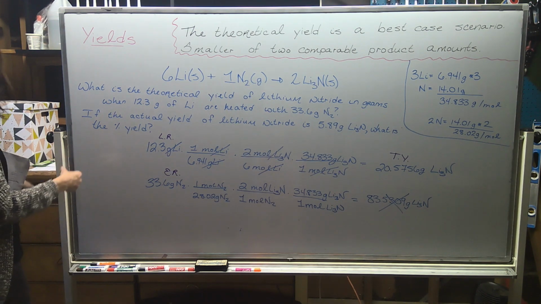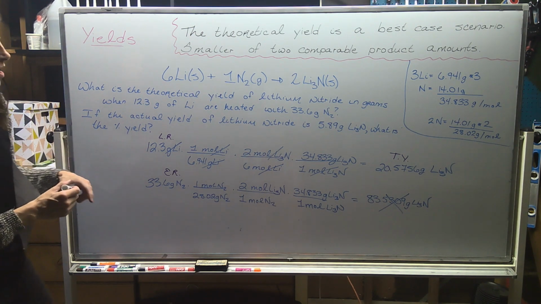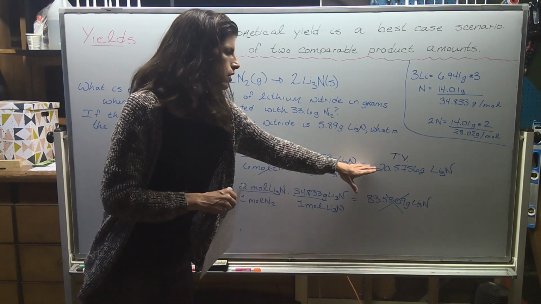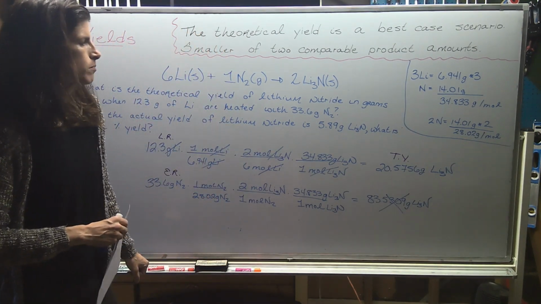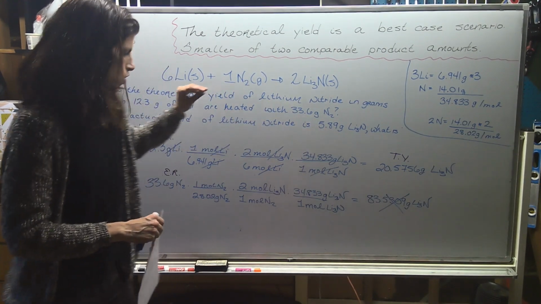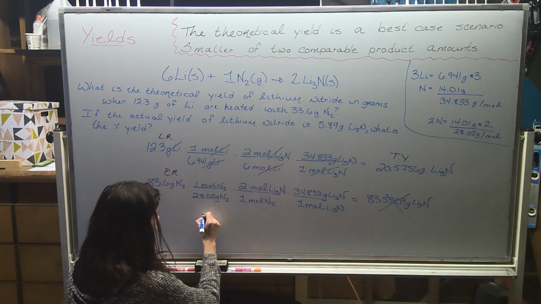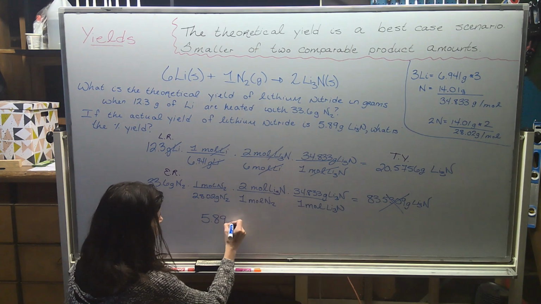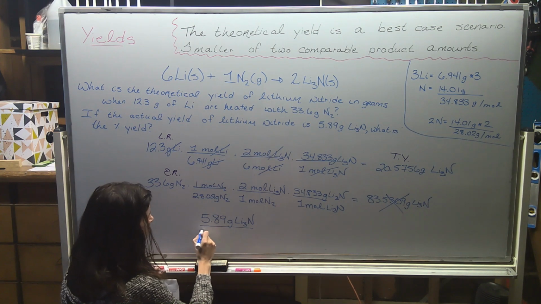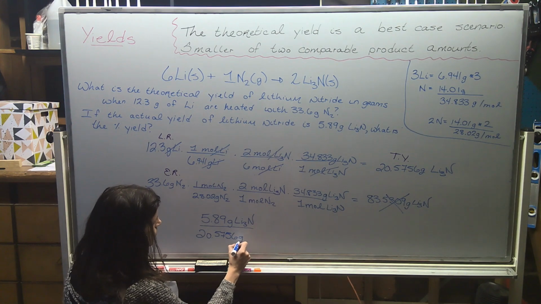The next part of the question asks us to figure out what is our percent yield. So if everything went perfectly, we should have been able to calculate about 20.5 grams of lithium nitride or so. But in reality, we only got 5.89 grams. So it's going to be your actual amount that was produced divided by the theoretical amount that could have been produced if everything went 100% perfectly.